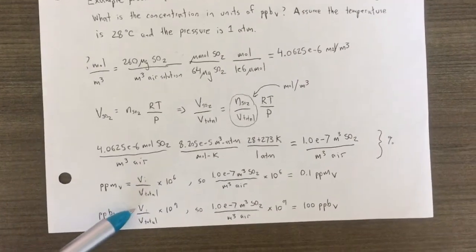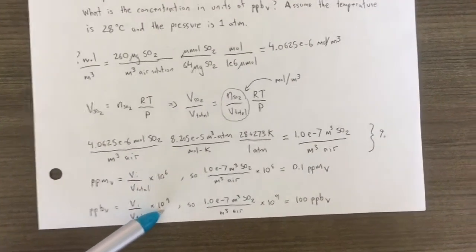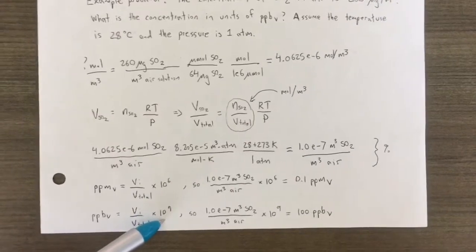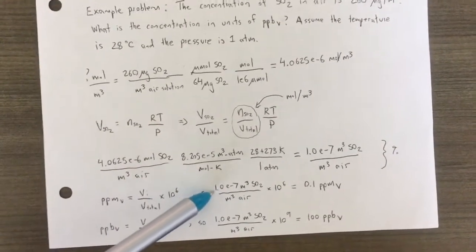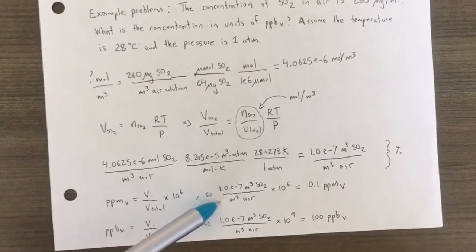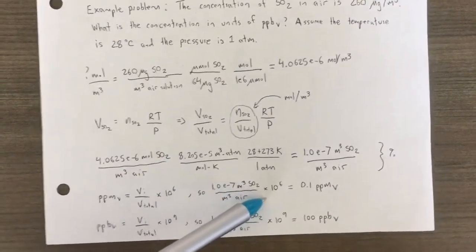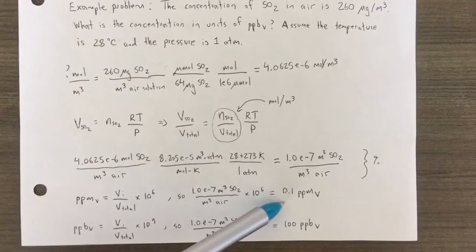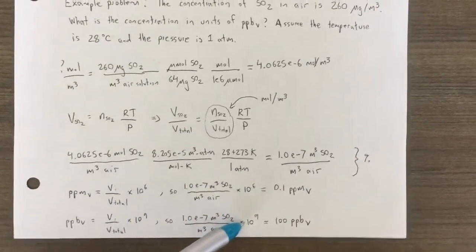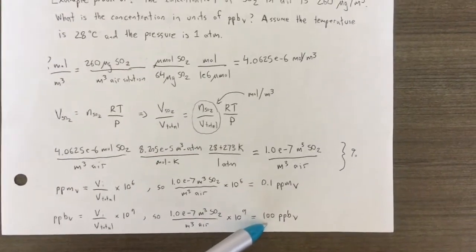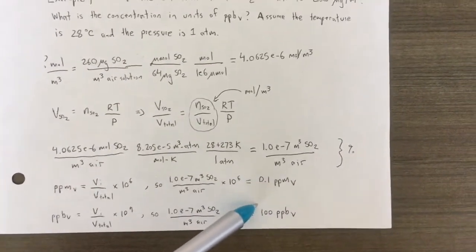Parts per billion is volume of chemical per volume total, multiplying by 10 to the 9 to do our conversion of 1 in a billion. So we take our answer from above, which is a volume ratio, meters cubed SO2 per meters cubed air. We multiply by 10 to the 6, and we get 0.1 parts per million by volume. Take that same answer and multiply it by 10 to the 9, and we get 100 parts per billion by volume. Just two different ways to express the same thing.